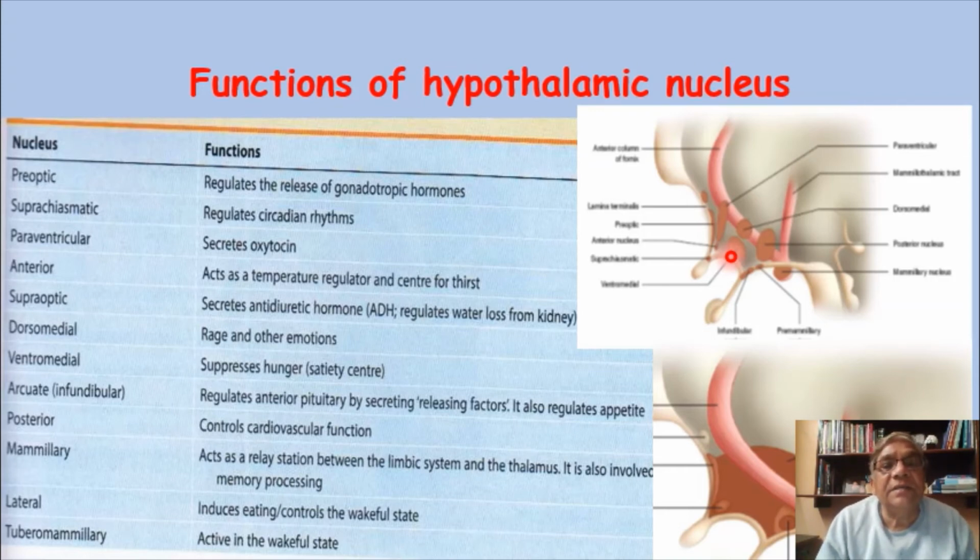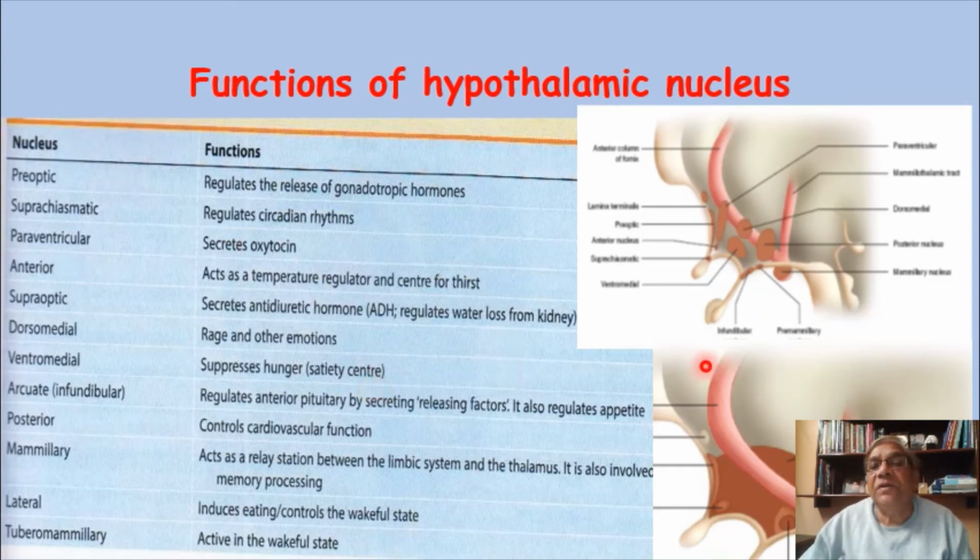The dorsomedial controls rage and emotion, and the ventromedial suppresses hunger, that is satiety. You always feel a full stomach, okay? That means you don't want to eat further, you are done with the food.